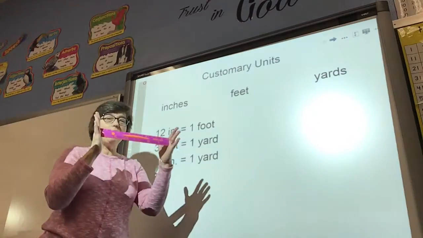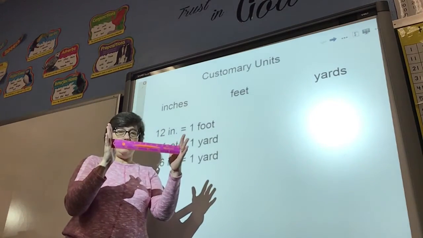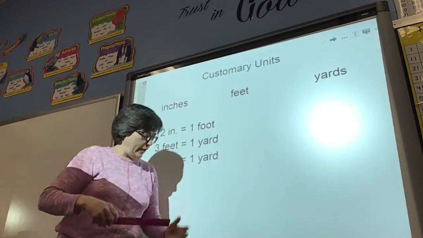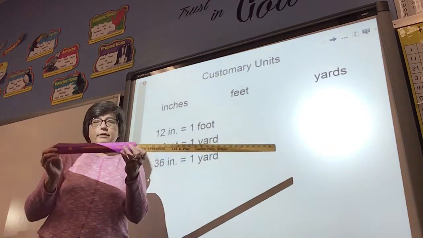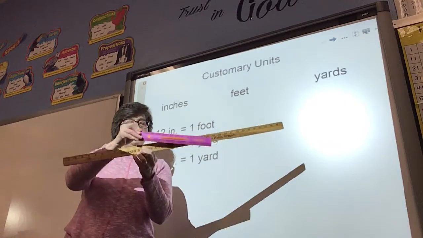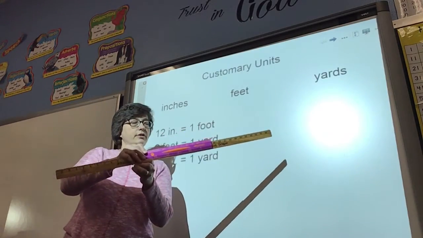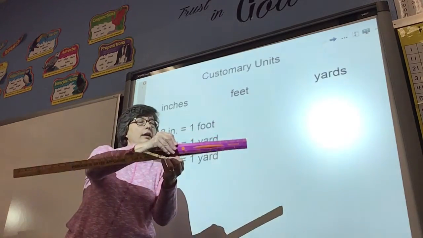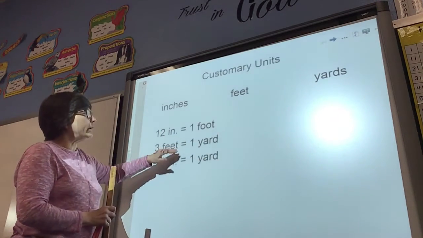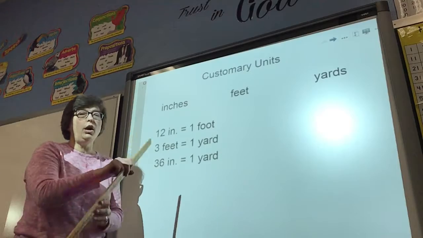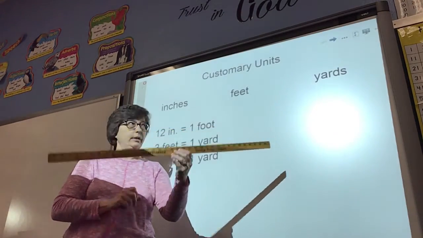All right, if we had 3 of these together, 3 rulers together, and we laid them on top of the yardstick. Okay, so here's 1, here's 2, and here's 3. Okay, so if we have 3 feet, that would equal 1 yard.